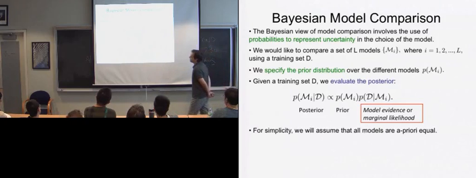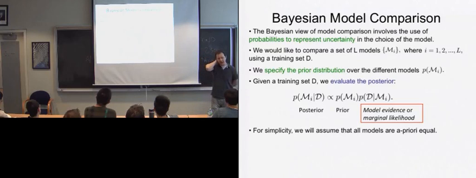Now, for simplicity, let's make an assumption that all models are a priori equal. And that actually becomes one of the key problems in machine learning. If you have multiple models, how do you choose one, for example? Or do you average them somehow?